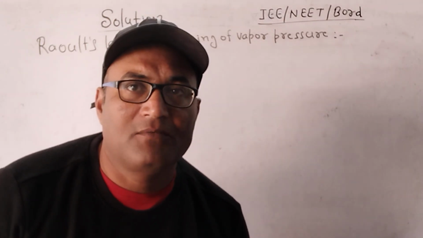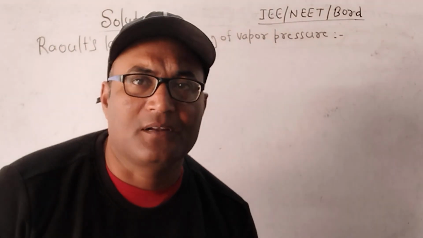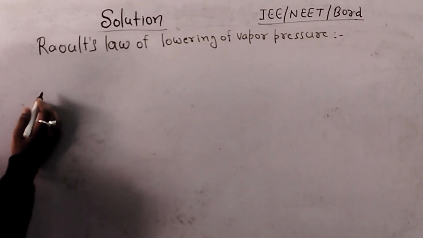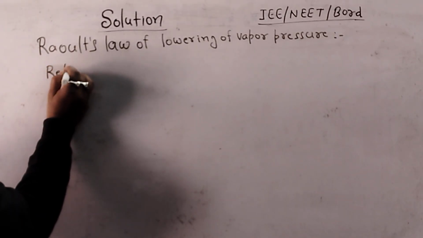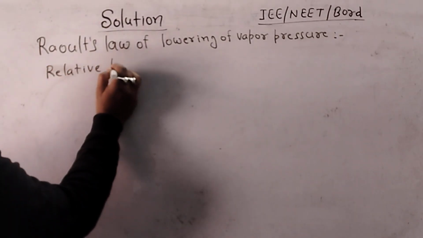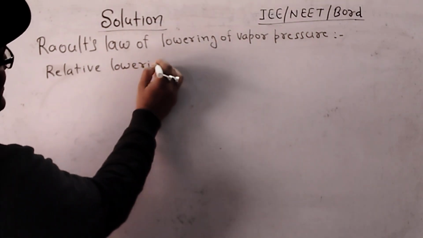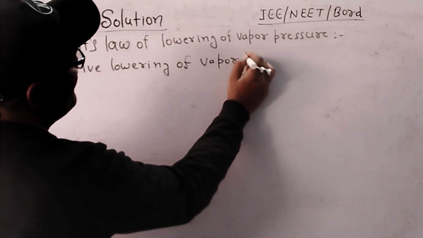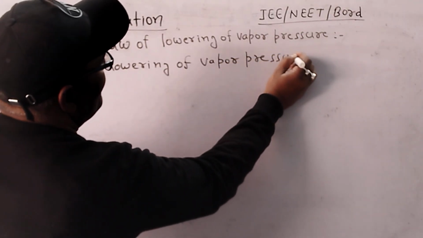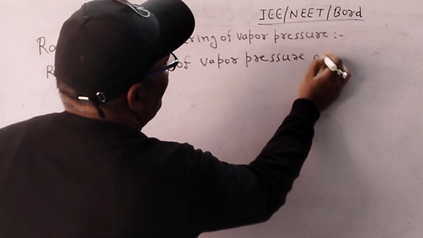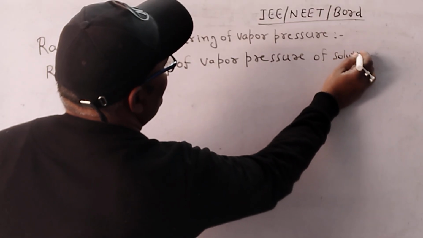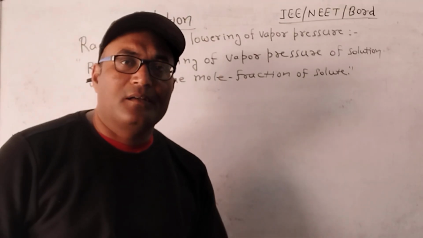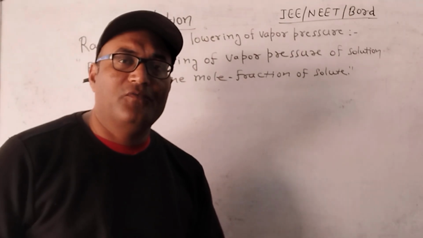Now I am going to discuss Raoult's law of lowering of vapor pressure. According to Raoult's law, the relative lowering of vapor pressure of a solution is equal to the mole fraction of solute.